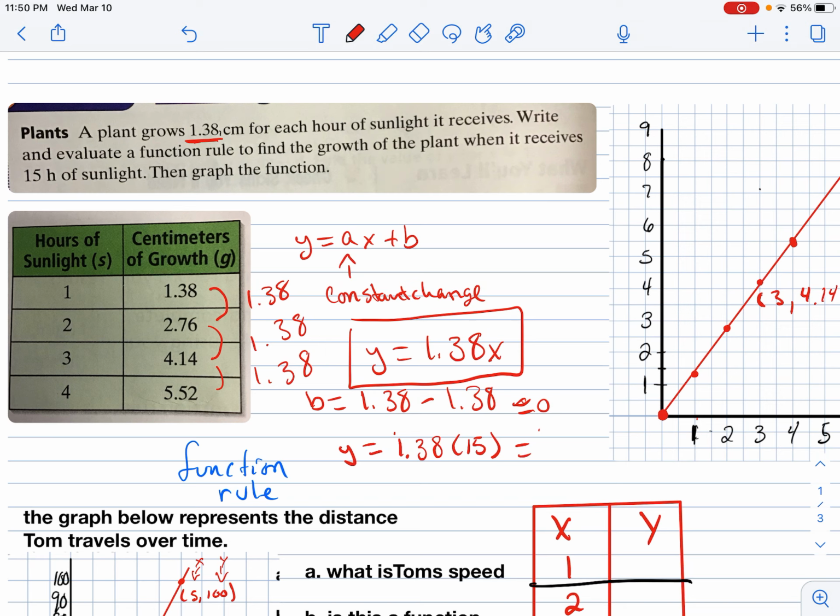And when you plug that in, you're going to get your solution, your height. 1.38 times 15 is going to equal 20.7. So this plant will be 20.7 centimeters high after 15 hours.